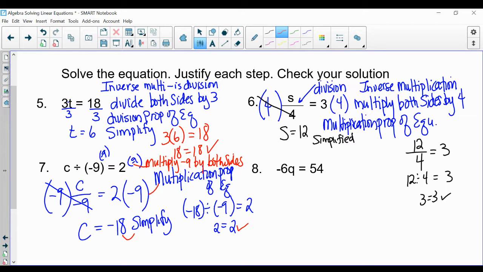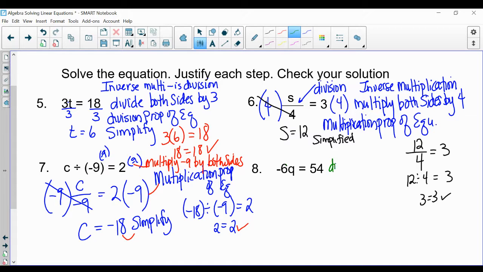We need to ask what's going on with the variable. I'm looking at it, and it is a multiplication problem. The opposite of multiplication is division, so I'm going to use my inverse operation, division.